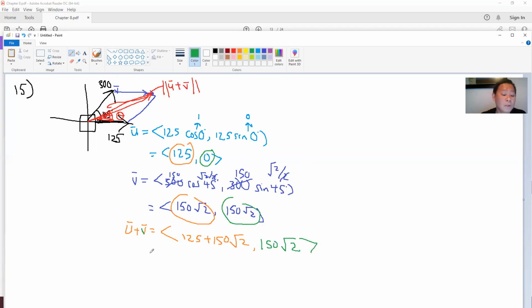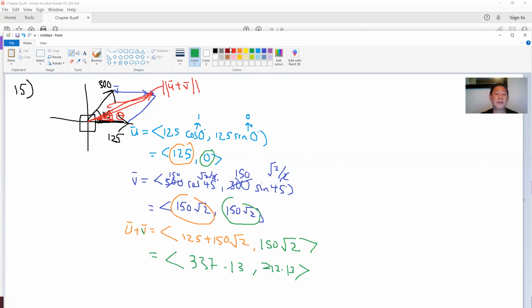You can use your calculator to figure out what this is. We take 125 plus 150 times √2, and this came out to be 337.13. And then 150 times root 2 came up with 212.13.